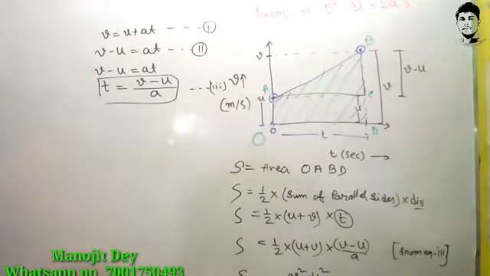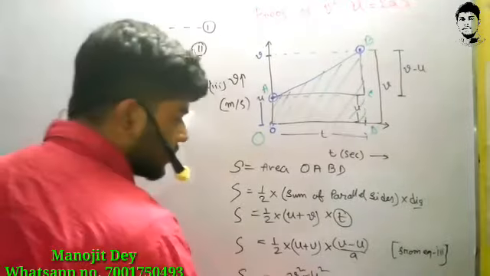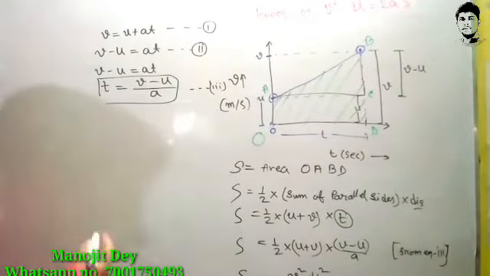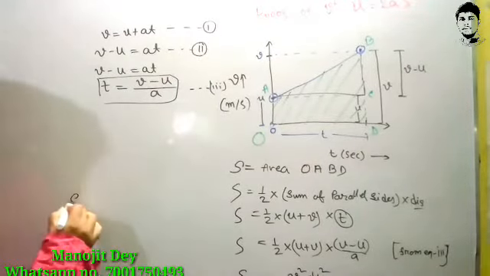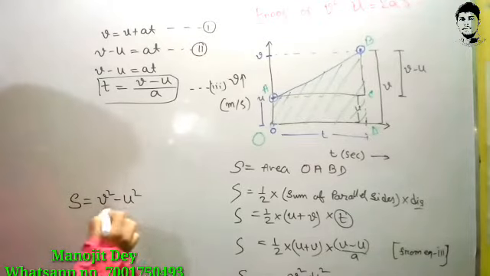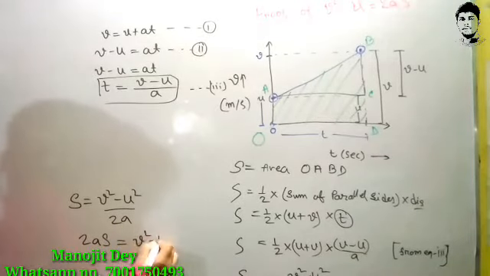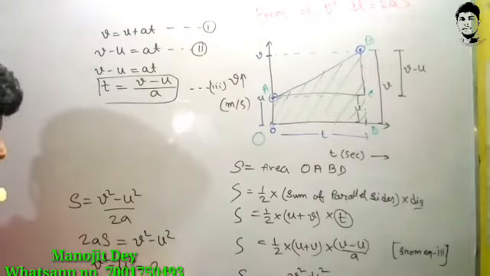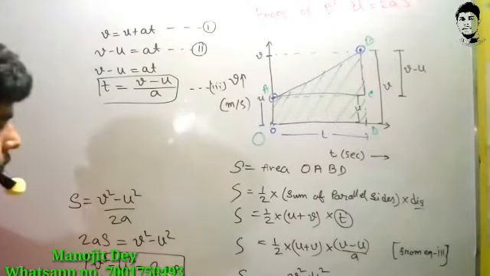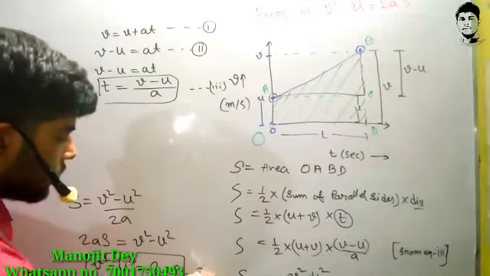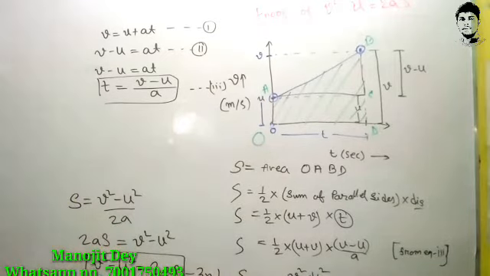If it is invisible, I write here that s equals v square minus u square by 2a. So 2as equals v square minus u square, or we can write v square minus u square equals 2as. So this will be the third equation of motion.